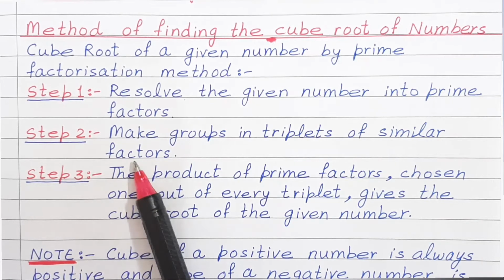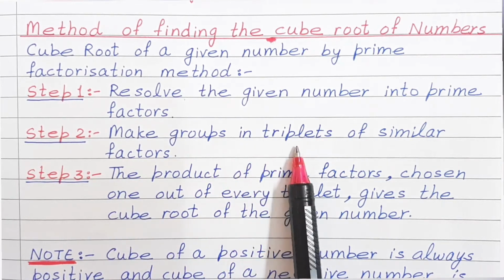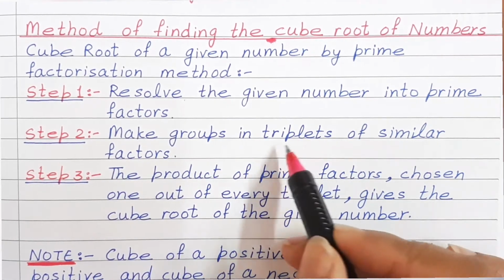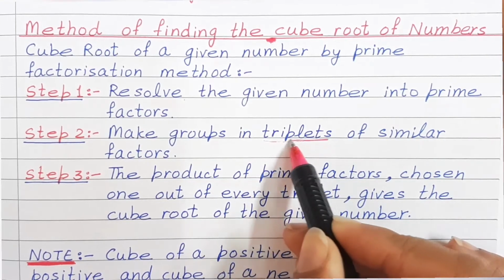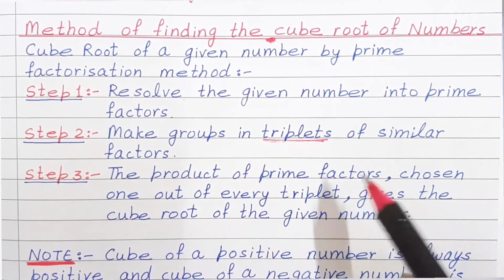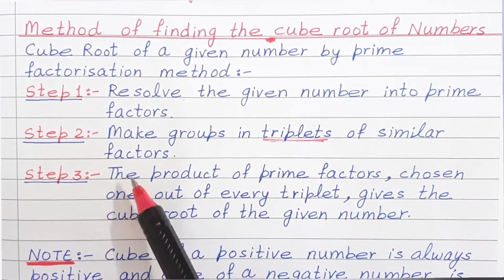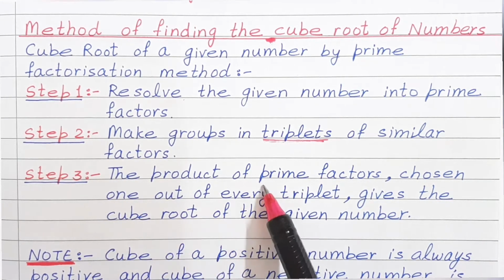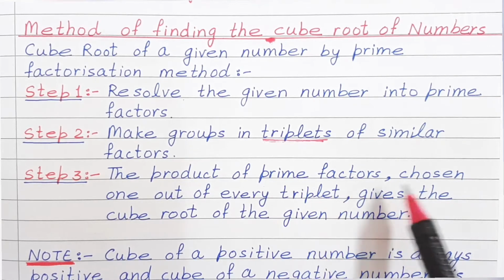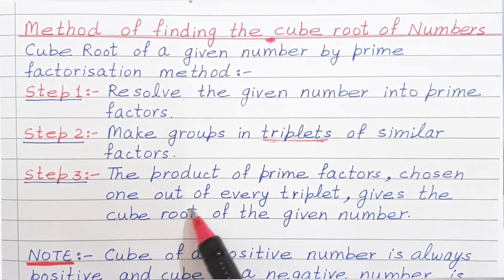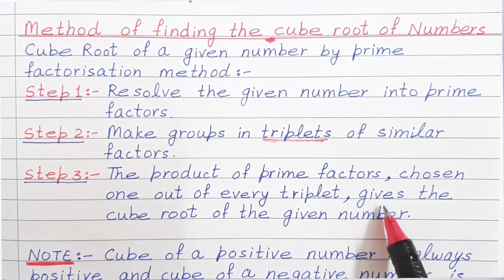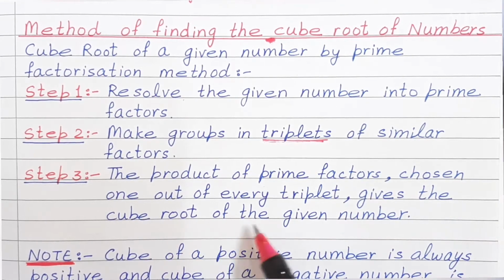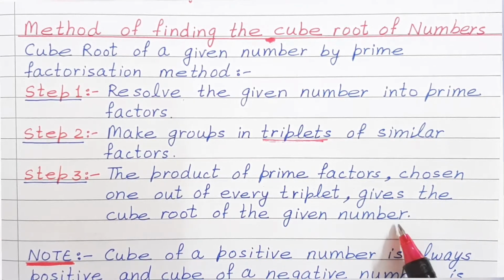Step 2, make groups in triplets. Students, this is very important. We have to make triplets, right, of similar factors. Step number 3 is the product of prime factors chosen one out of every triplet gives the cube root of the given number.